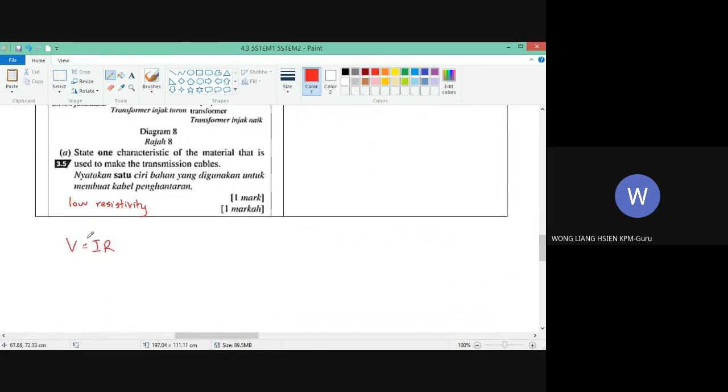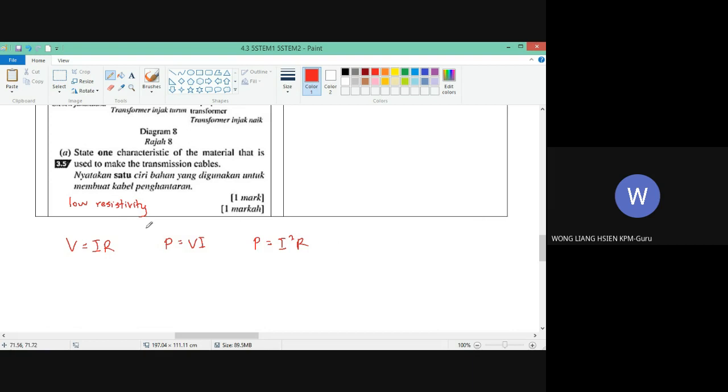So the formulas that have current are V equals IR, P equals VI, or maybe P equals I squared R. Which is the suitable one to be used to calculate this current?